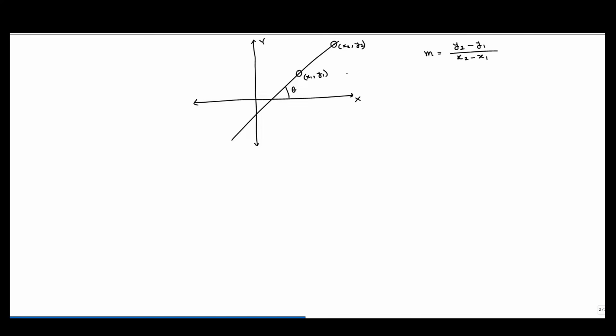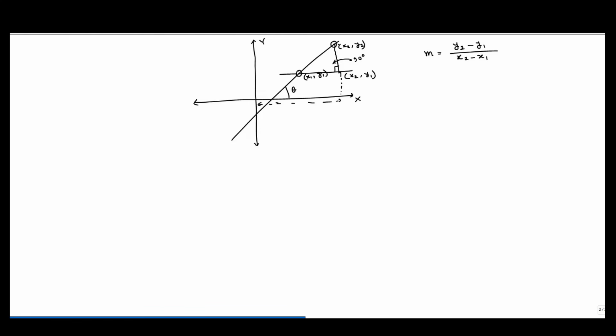Now suppose we draw a straight line parallel to the x-axis, and we draw a perpendicular from x2 comma y2 onto that line. This is my 90 degrees. This is my y1, and from the origin this is my x2, because this point is x2 comma y2. So the coordinate of this point will be x2 comma y1.